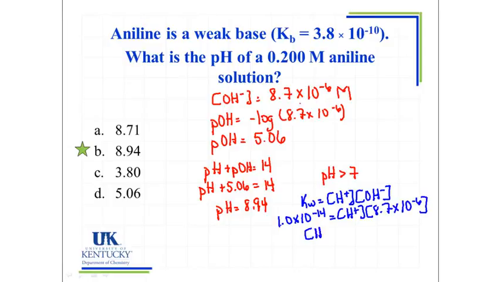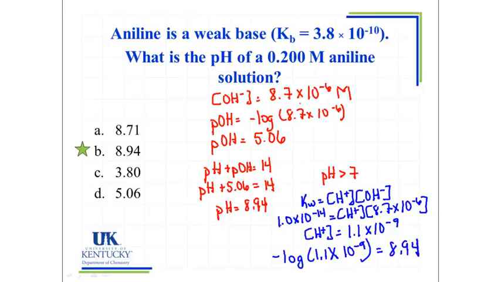From this, we can get our H+ concentration, which is 1.1 times 10 to the minus ninth. And I can then take the negative log of that value and get that we have 8.94 as our pH, which is what we would expect since we're calculating the pH of the same solution.